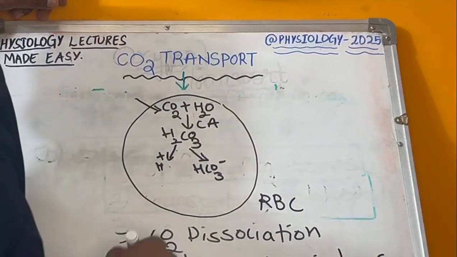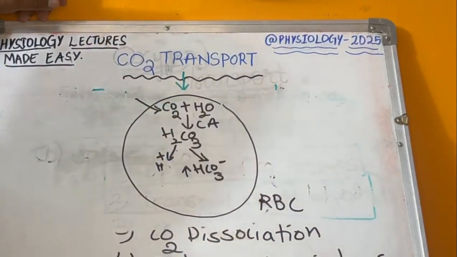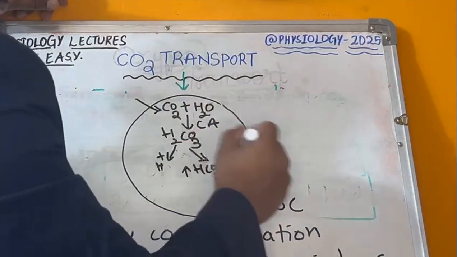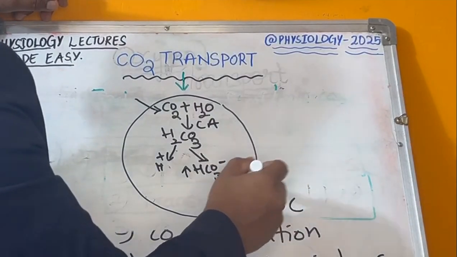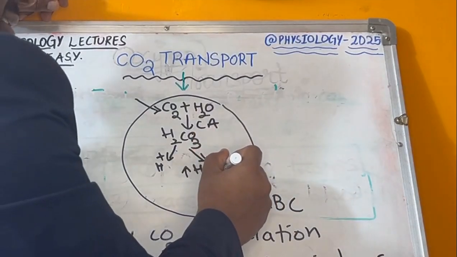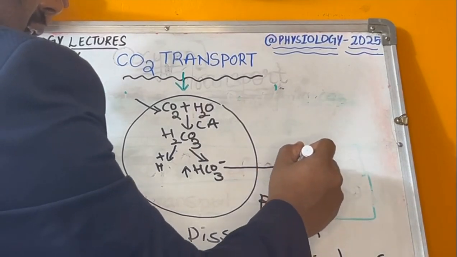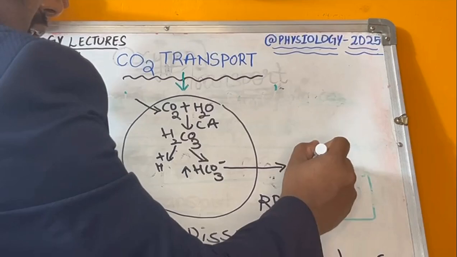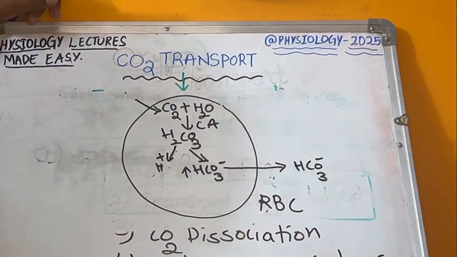When the bicarbonate concentration increases in the RBC, then due to the pressure gradient, compared with the plasma bicarbonate level, the bicarbonate goes out of the RBC and enters the surrounding plasma. Bicarbonate is a negatively charged ion.